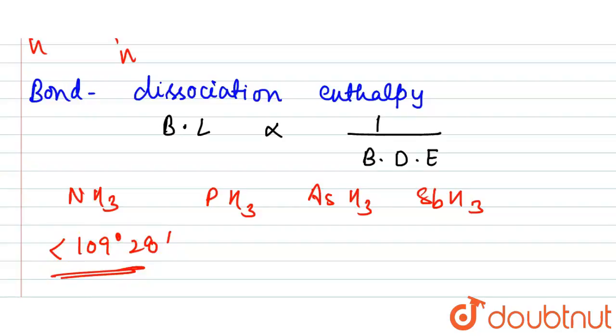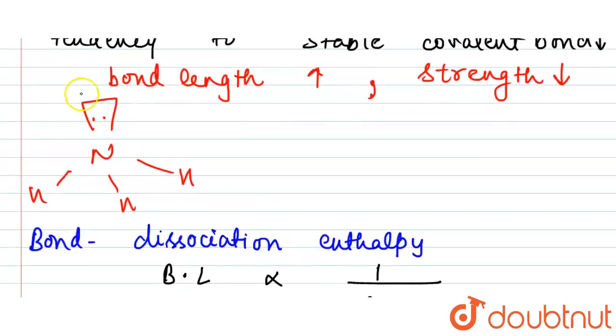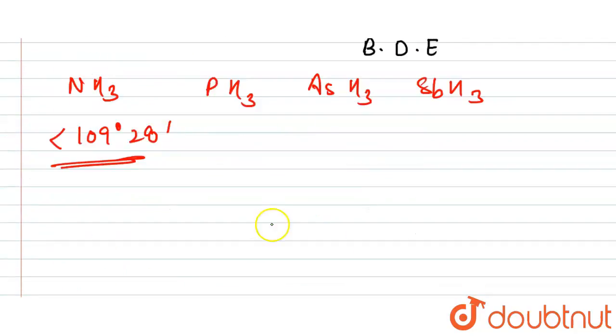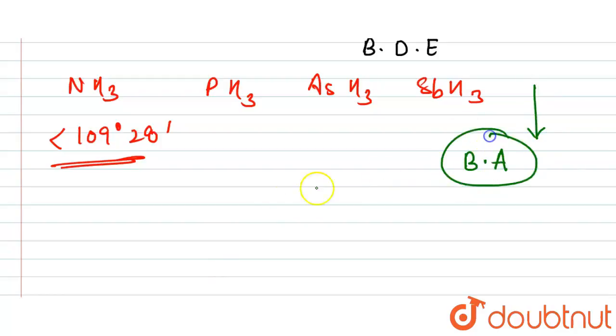Why is it less? Because on the ammonia we have one lone pair, so it causes repulsion between the lone pair and the bond pair of electrons. That's why the bond angle decreases as we move down the group.